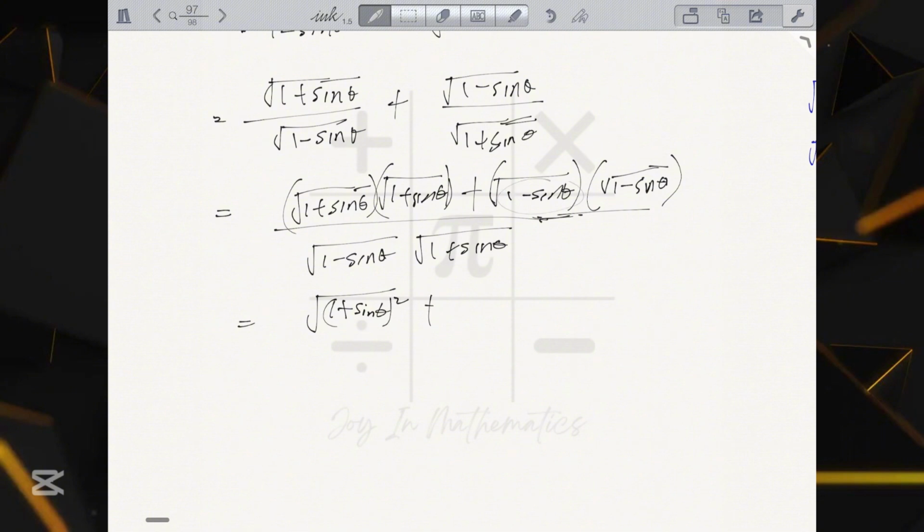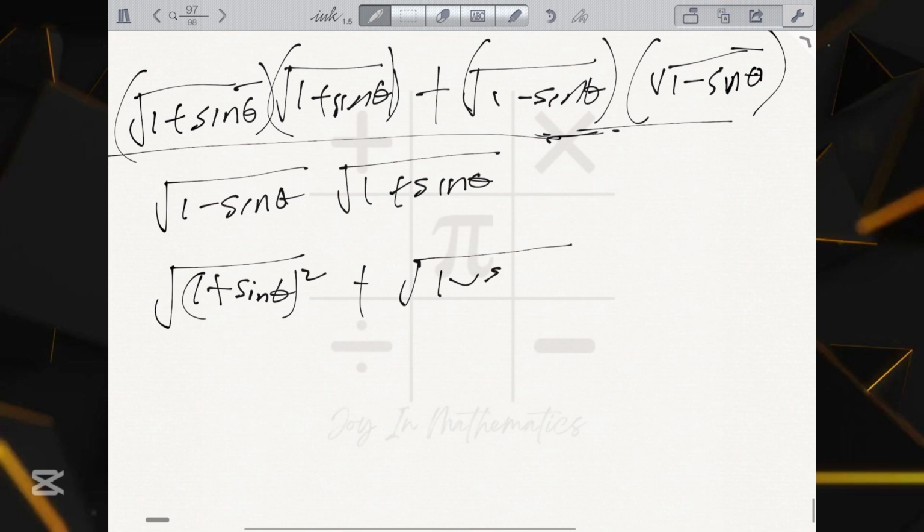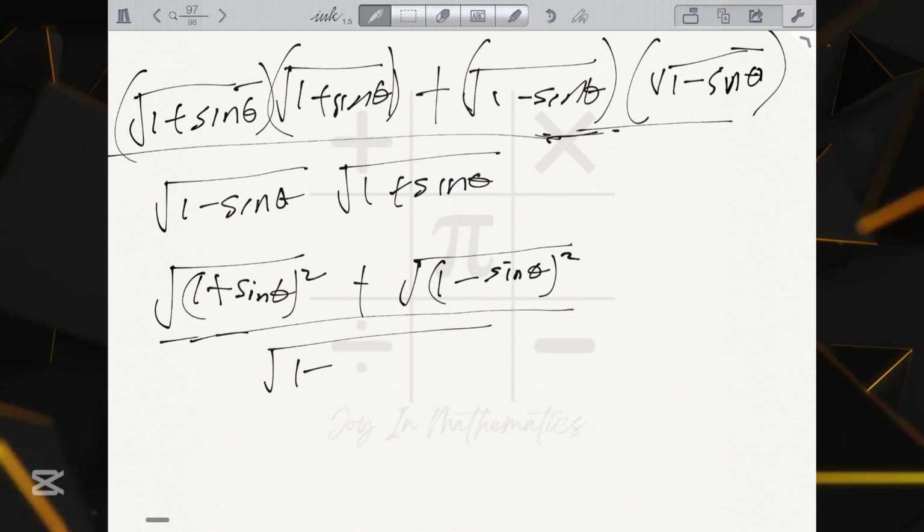Similarly, root (1 minus sine theta) multiplied by root (1 minus sine theta) gives the square root of (1 minus sine theta) squared, and the denominator will be the square root of 1 minus sine theta multiplied by 1 plus sine theta.